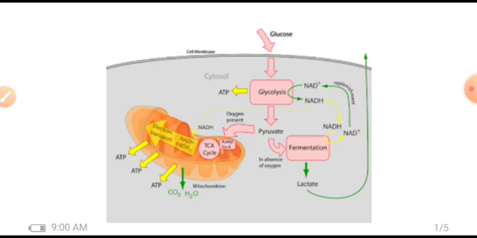In the process of converting the glucose, one molecule of ATP is released. After this, the glucose results in pyruvates. One of those pyruvates goes into the process of fermentation in the absence of oxygen, and it produces lactate.